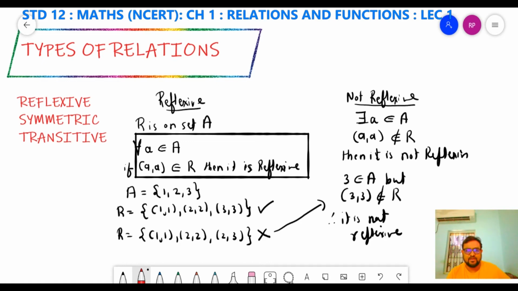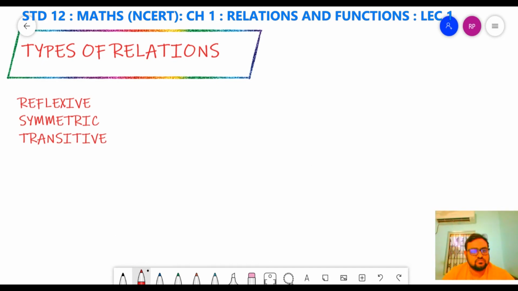Okay, now let's move to the next type, that is symmetric relation.